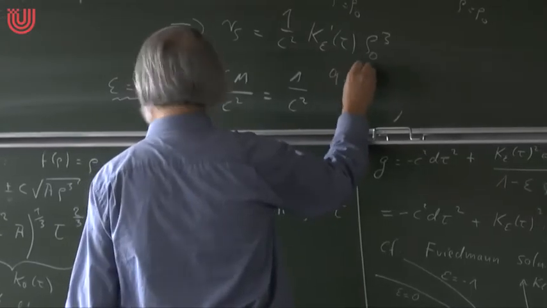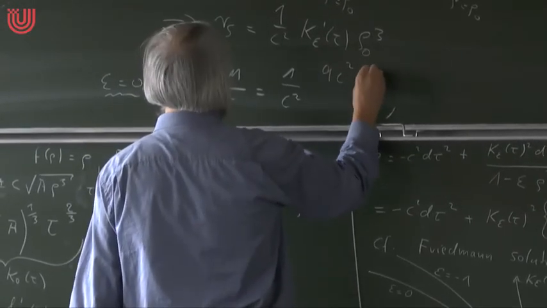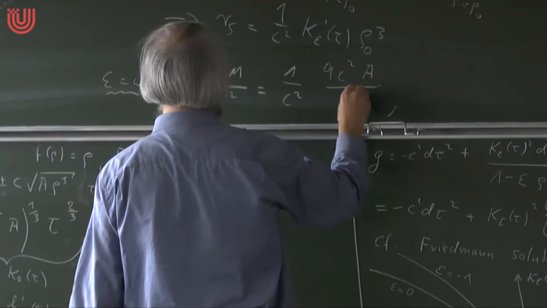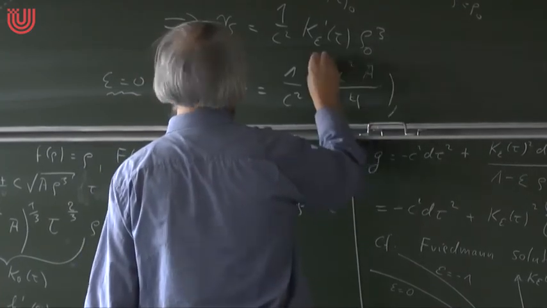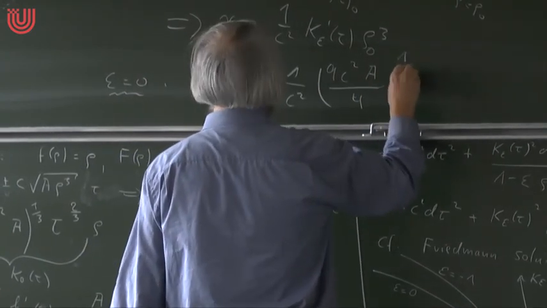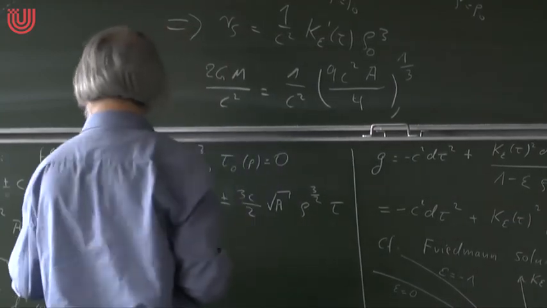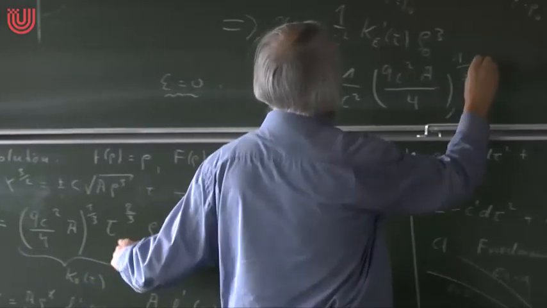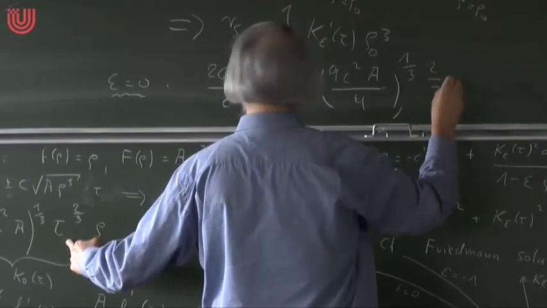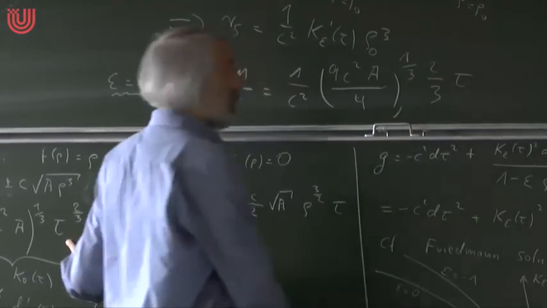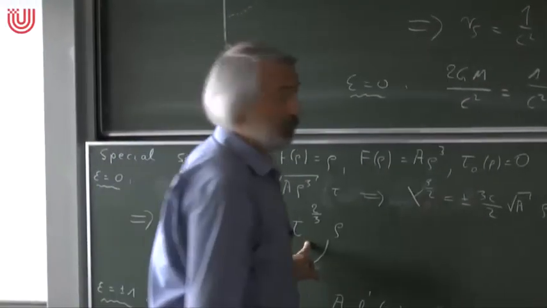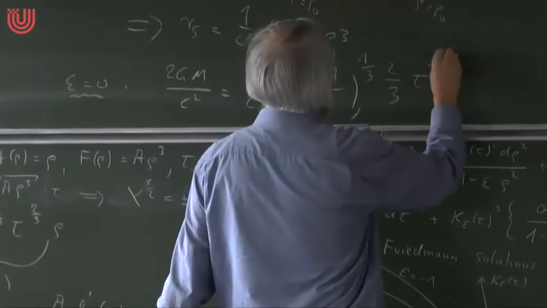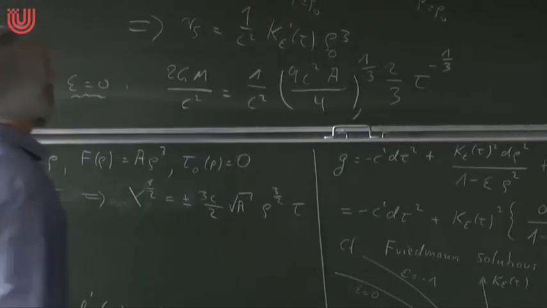So this is 9c squared a over 4 to the power 1/3. And then I have to differentiate this here. This gives 2/3. What is 2/3 minus 1? It is minus 1/3, right?